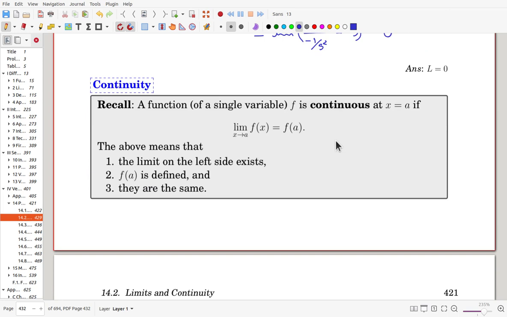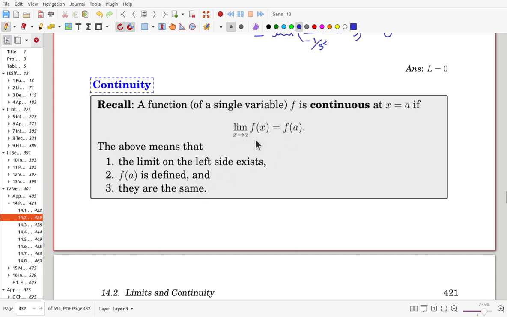Continuity. In calculus 1, you defined this one. A function of a single variable f is continuous at x equals a if the limit as x approaches a of f of x equals f of a. This line means these three things.